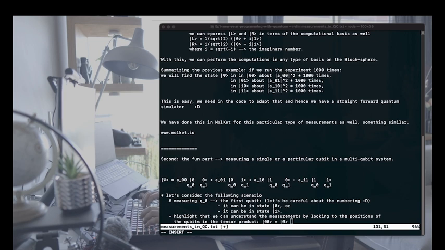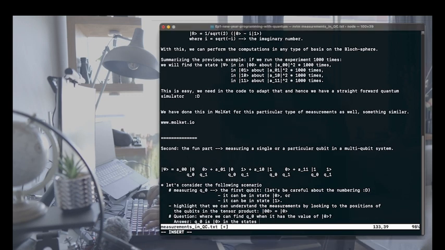So I'm writing here a small tip that we also can understand the measurement from the position of the qubit in the tensor product. So if we have the ket 00, it means that we have the tensor product of ket 0 multiplied tensorially by another ket 0 of the second qubit.